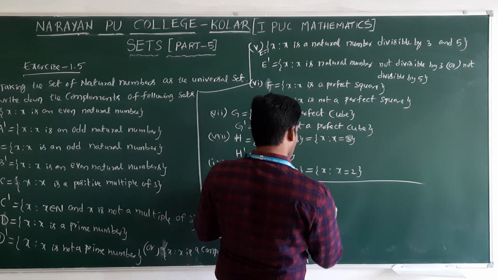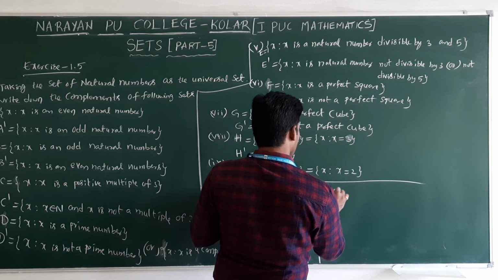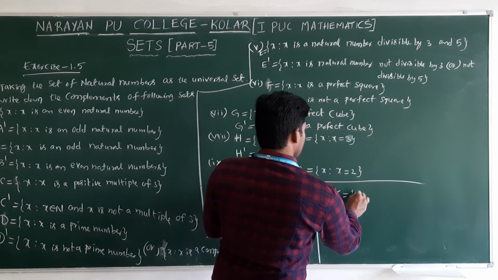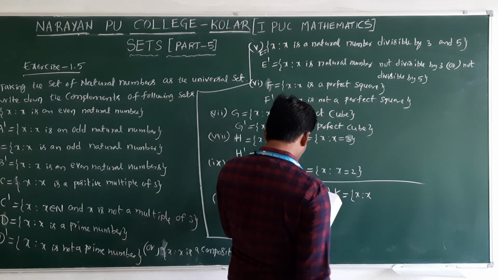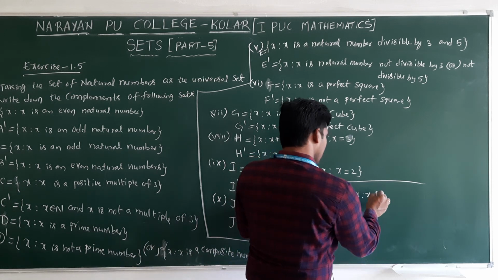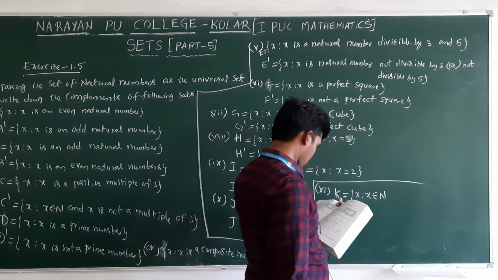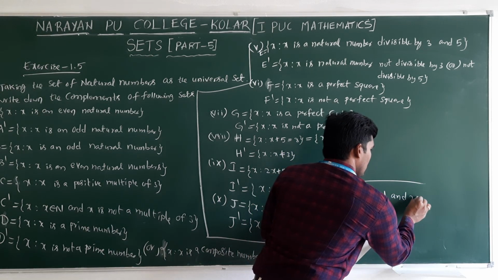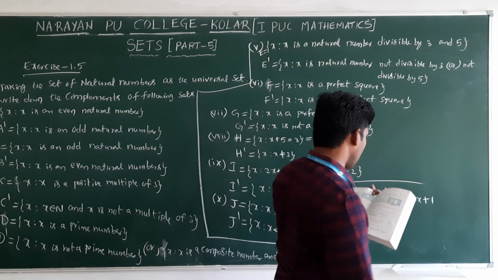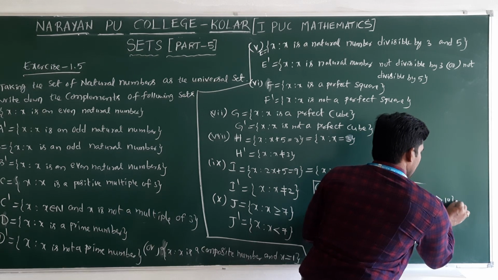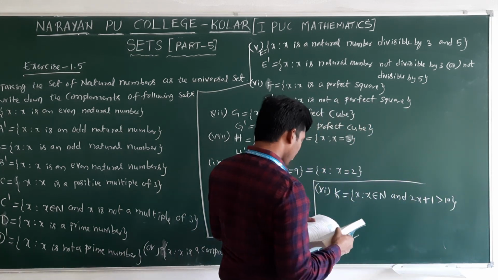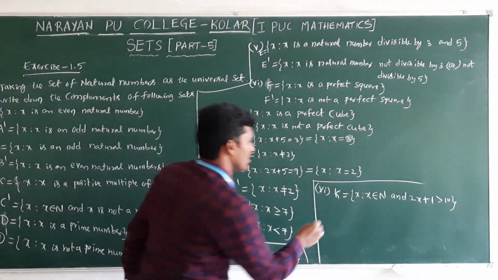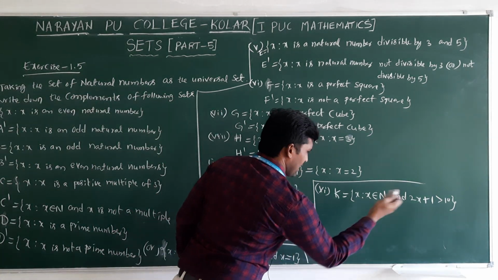Next, 11th one. Some K, take anything, no problem. x such that x belongs to N and 2x plus 1 greater than 10. If you simplify this, or directly also we can write, no issue.